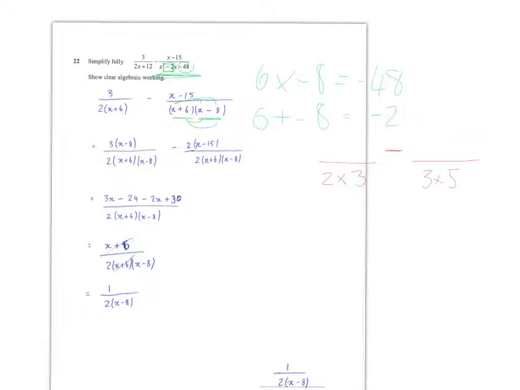Well, yes, I could have a denominator of 2 times 3 times 3 times 5, but actually my lowest common multiple of 6 and 15 is going to be 2 times 3 times 5.